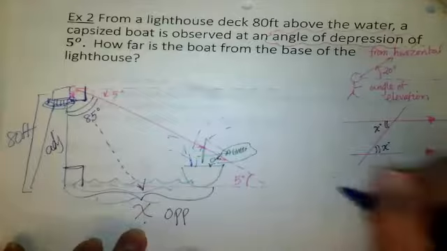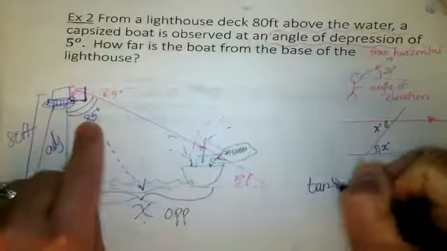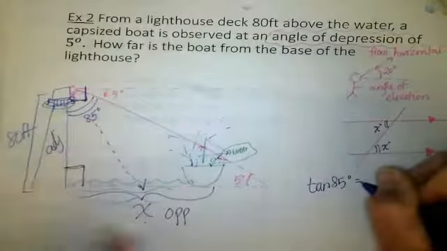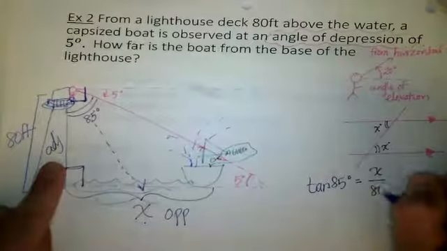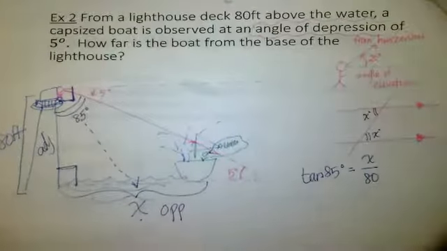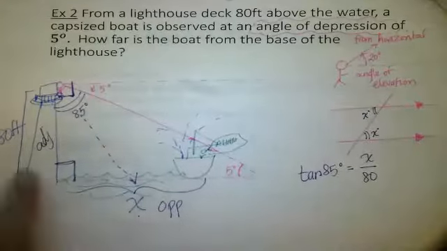Tangent again. Yeah. So tangent of my 85-degree angle is opposite over adjacent, X over 80. It's just a coincidence that they all happen to be tangent functions today in notes, but we could set up a sine function or cosine function based on which labels we have.